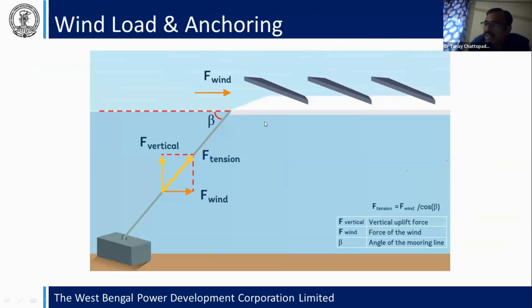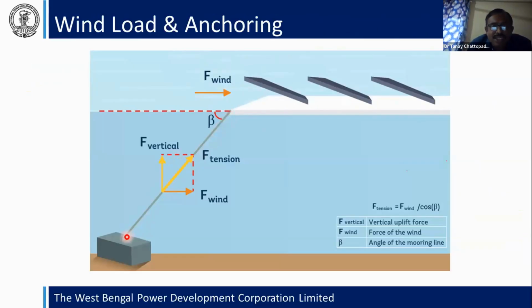This is the technique, and simple mathematics is there. If wind happens here, then the total array system moves towards the right. And then what is the tension of the wire?